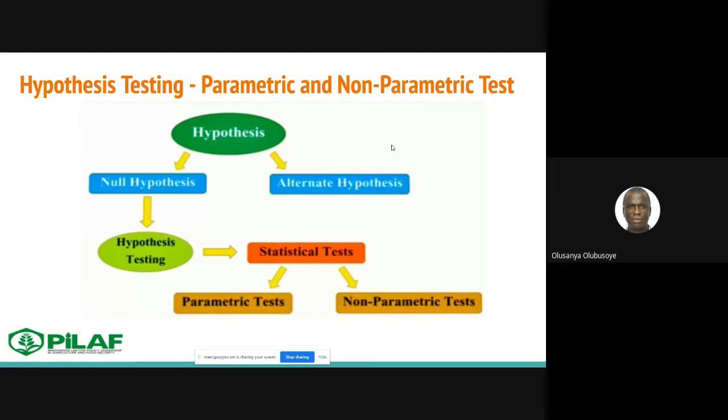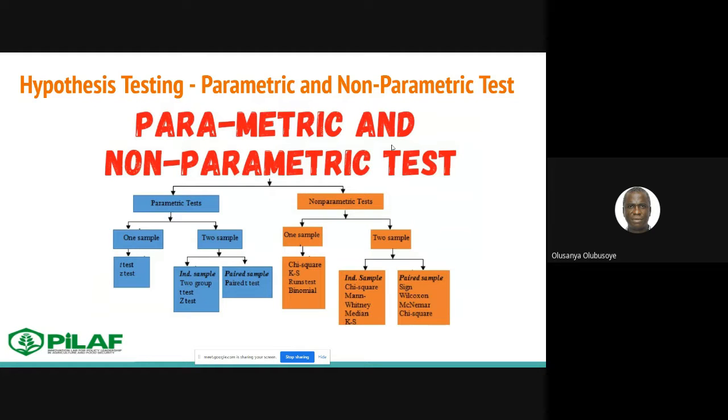So at this level of statistical test, there is need to now decide, should I use parametric test or should I use non-parametric test? But what makes the difference between parametric and non-parametric?